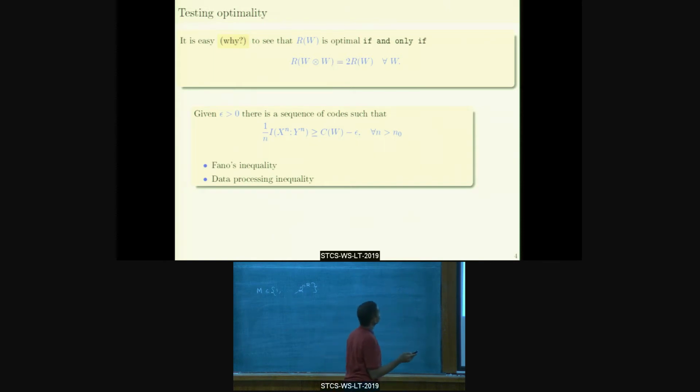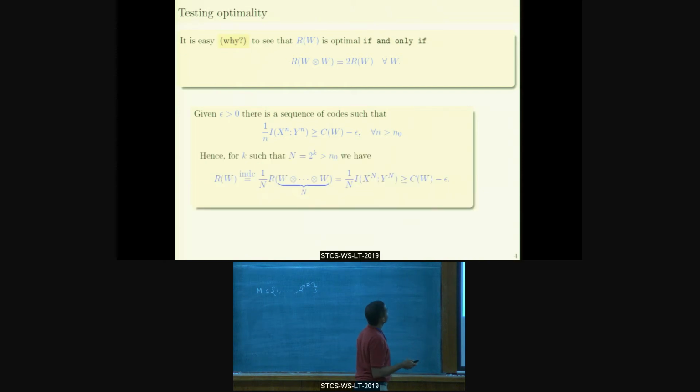And now what do you do? You just take n large enough, you take n to be some dyadic power. We know from induction that R of W tensor W, n times, normalized, is equal to R of W, and that's equal to 1 over n times the maximum of this mutual information, and that's bigger than C of W minus epsilon.